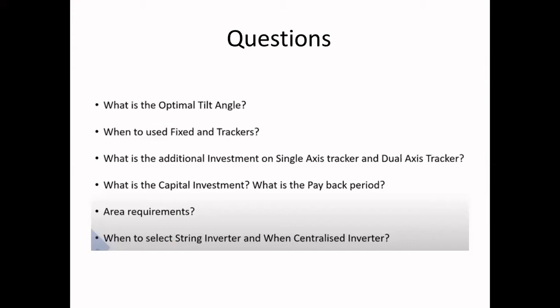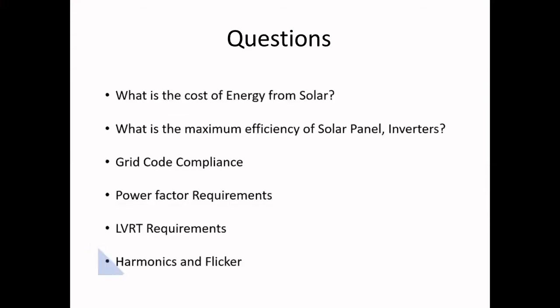Apart from all these, we'll be looking into EROI, which you have discussed in renewable energy theory in the first unit. And what are the area requirements for it? What are the types of inverters?